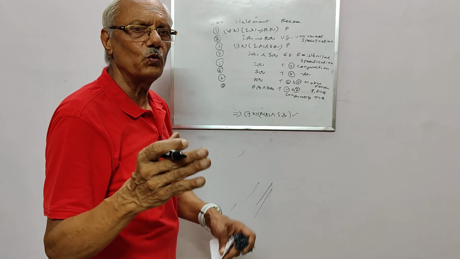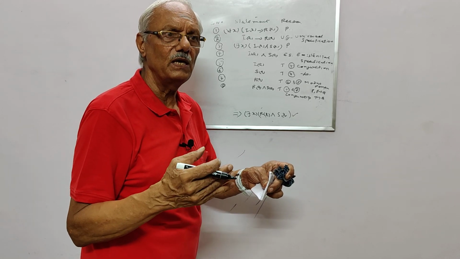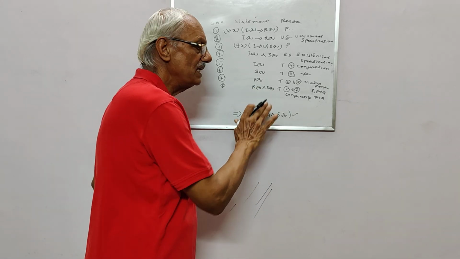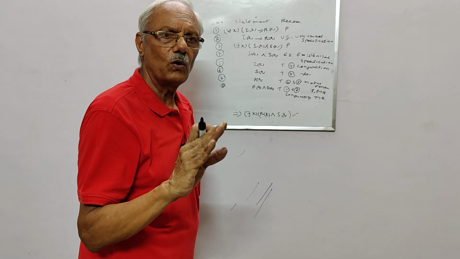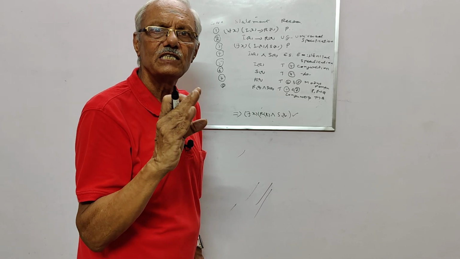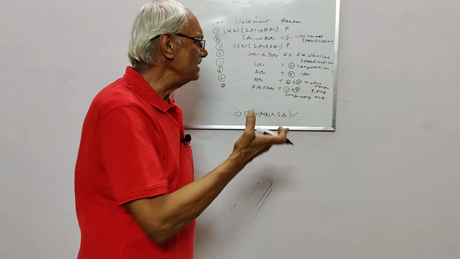Now there must be somebody watching this video, students or anybody, who must be able to say that this A is not for all. This is for a specific A. Can you understand? Specific A means there exists some A for which this is true.